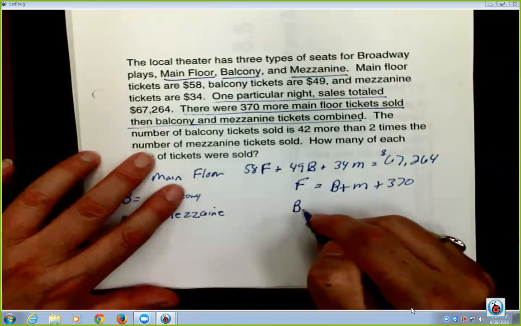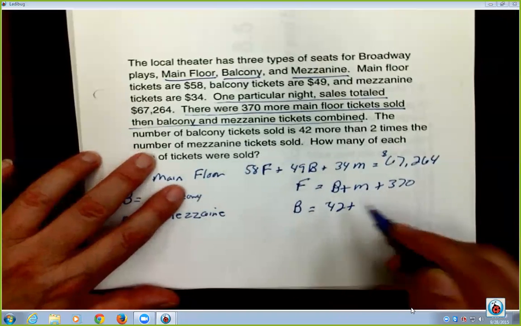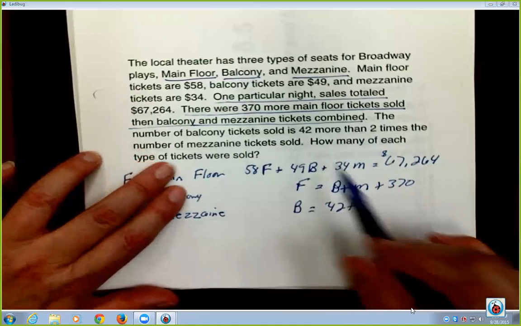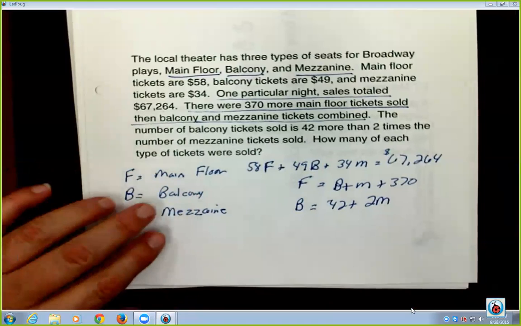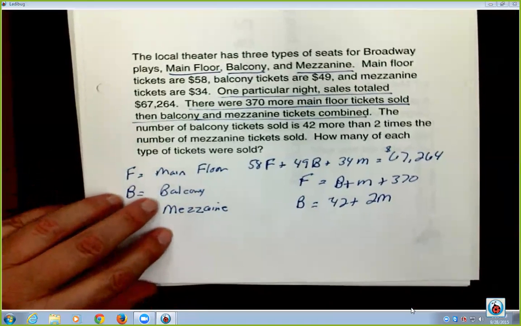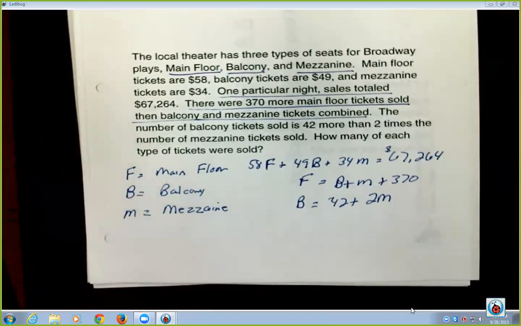So that means balcony tickets is 42 more than 2 times the mezzanine, or 2 M's. We good there with our interpretation? Again, it's each line, and each line means something in here.